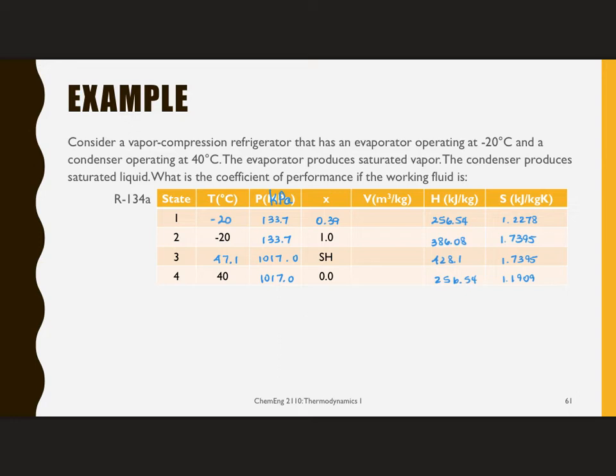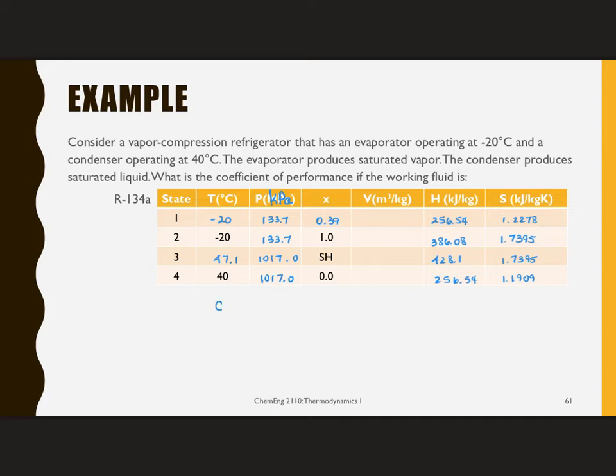Using pressure in kilopascals, states 1 and 2 are at 133.7 kilopascals. States 3 and 4 are at 1,017 kilopascals. The quality at state 1 was 0.39, and the enthalpies for states 1 through 4 in order are 256.54, 386.08, 428.1, and 256.54.